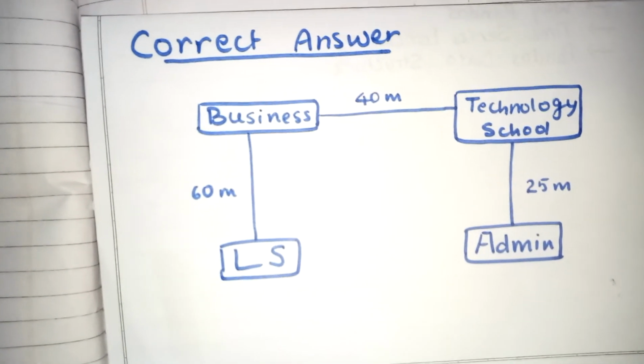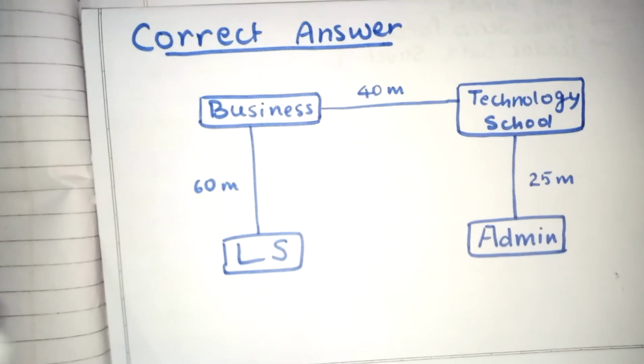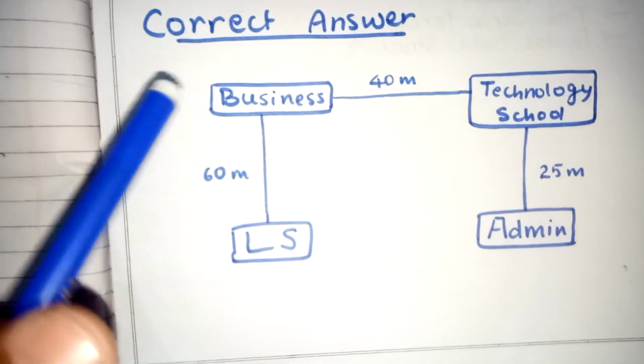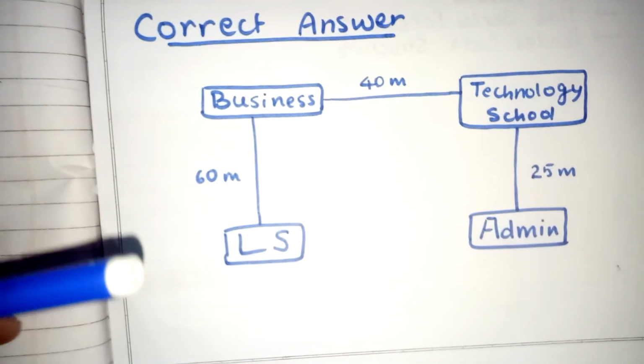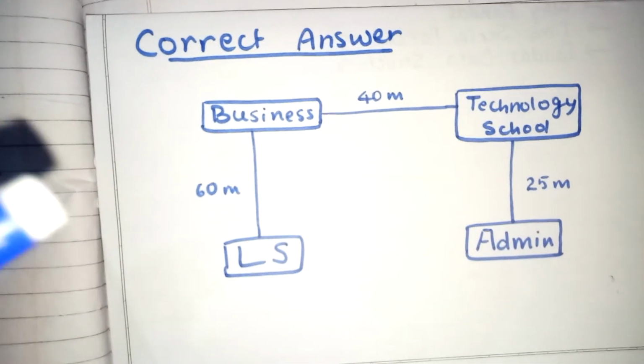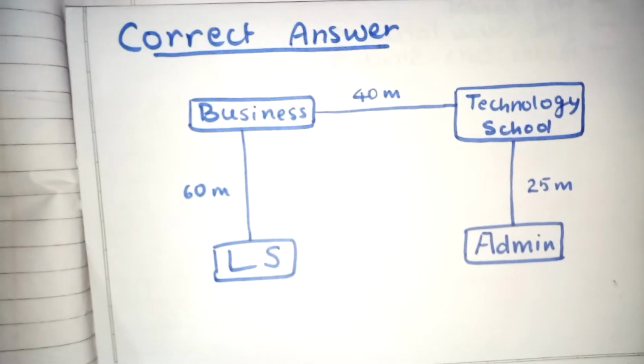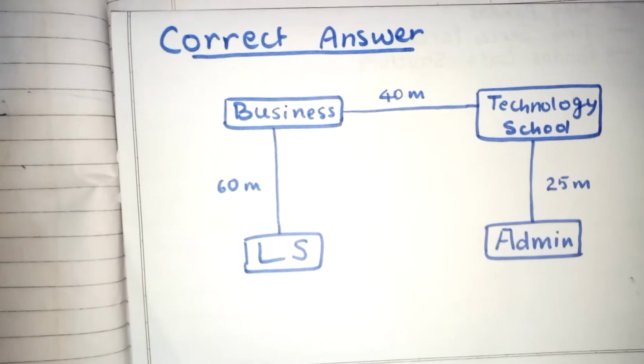The question may ask directly to draw the layout or tell the topology of the connection between the buildings. For wired connectivity, we would prefer these kinds of topologies.